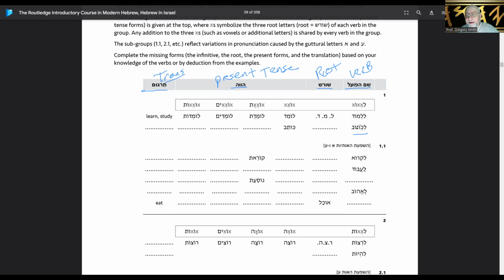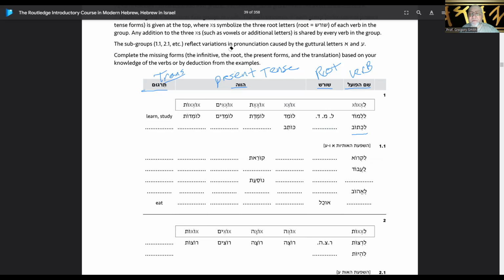So then liktov, it comes from katav, to write. Liktov. In this case it would be lamed, and then het, and then, nope, it's not lamed, that's wrong.